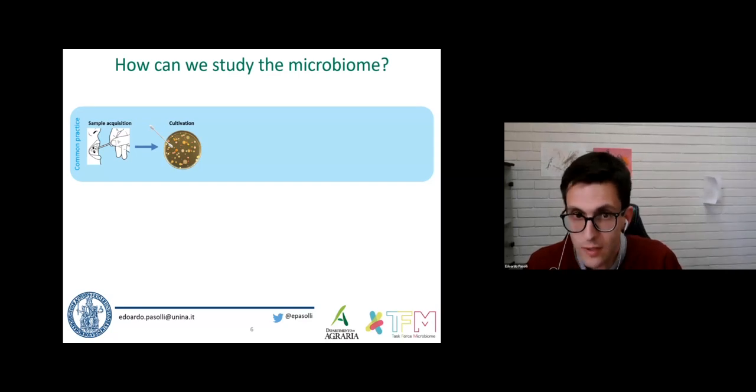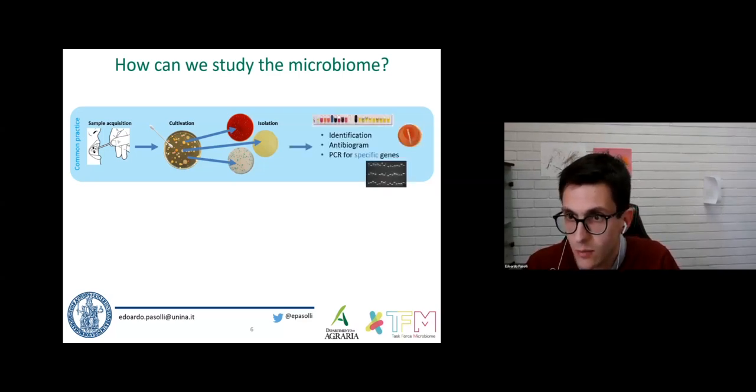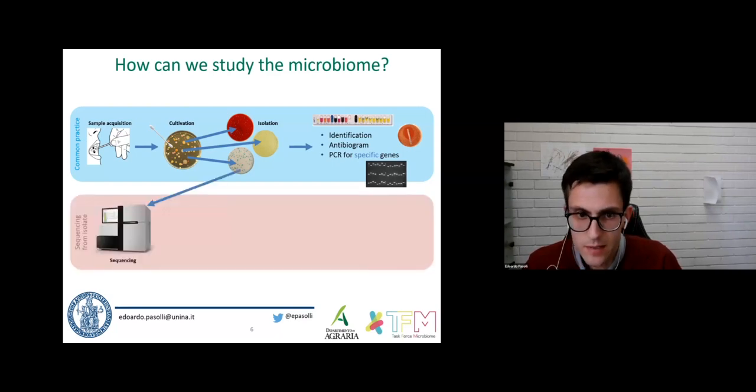Then, following a traditional approach of cultivation and isolation, we can cultivate our microorganisms of interest, and then conduct multiple types of analysis in the lab. With the advent of sequencing, we can also sequence the isolates of interest.